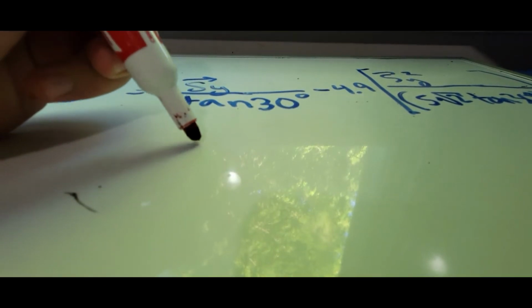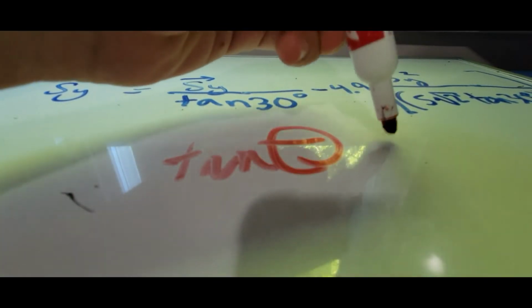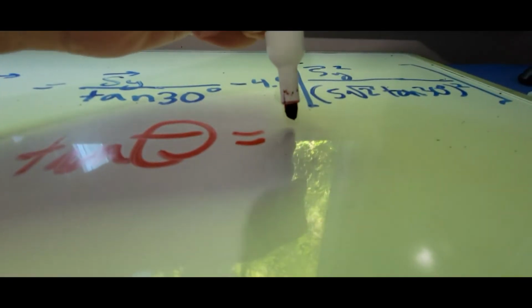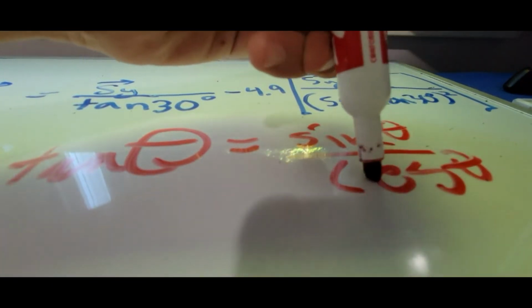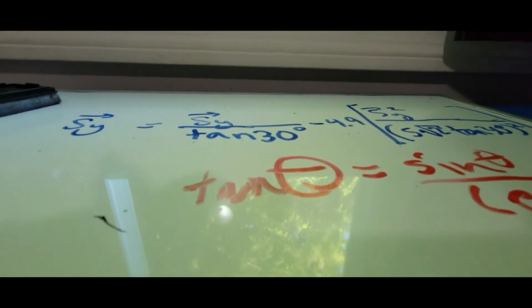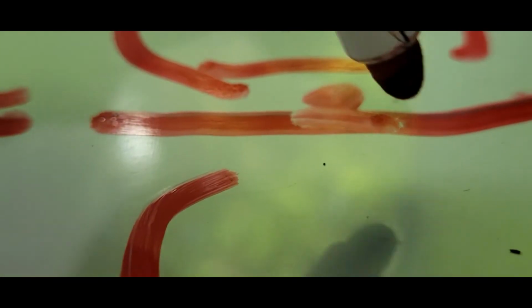So we know that the tangent of any given angle, like theta, is equal to the sine of theta over cosine of theta. So with that, we could apply the same logic to figure out the tangent of 30 degrees. We know that the tangent of 30 degrees is going to equal 1/2 divided by radical 3 over 2.